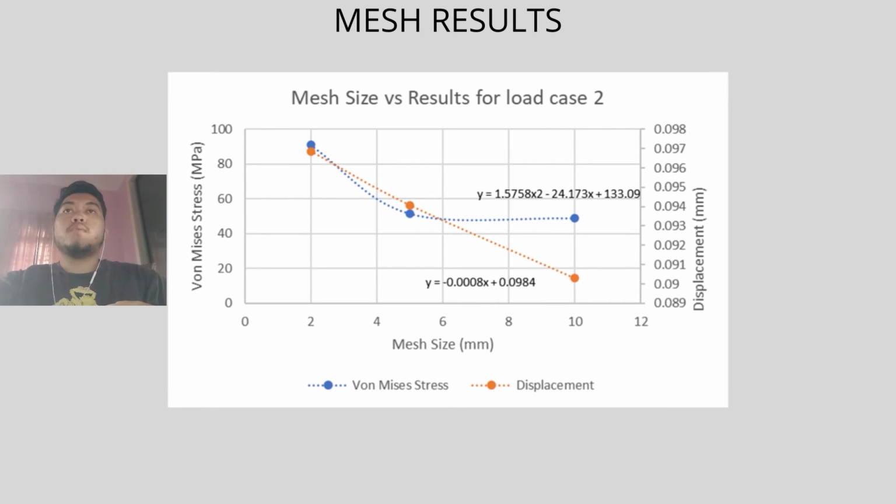We also do the mesh study of this load case. As we can see, this graph shows the relationship of volumetric stress and displacement in different mesh sizes. Note that the mesh sizes used are from fine to coarse, or to be precise, 2, 5 and 10 millimeter.